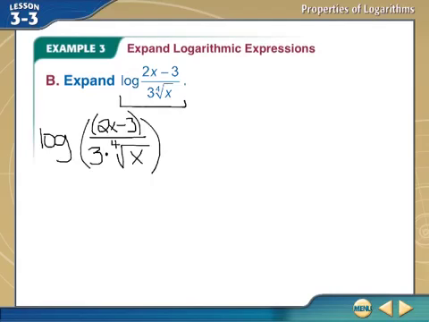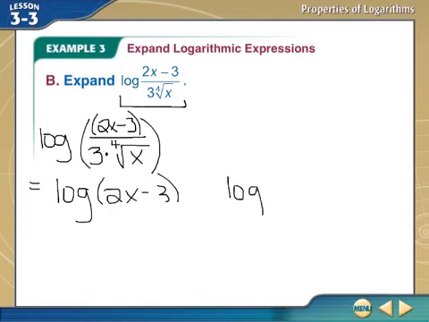First of all, I can expand this logarithm by giving each term its own logarithm. Now we would have log of 2x minus 3, a log of 3, and a log of the fourth root of x.